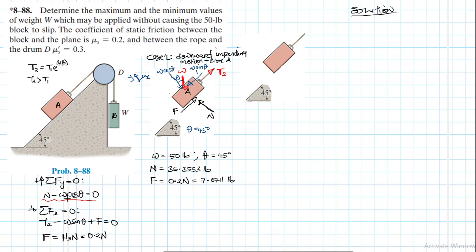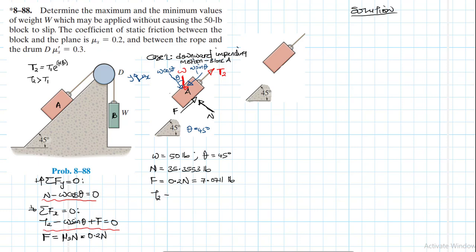Okay, then using this equation here, we're able to find what T2 is, since we have F and we have N and we have W and theta. So here we just replace our F and theta and W. Therefore, we are going to calculate what our T2 is.